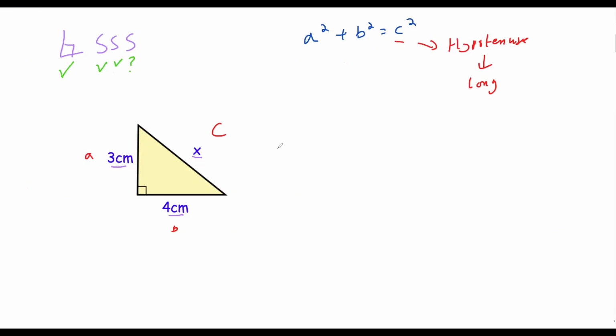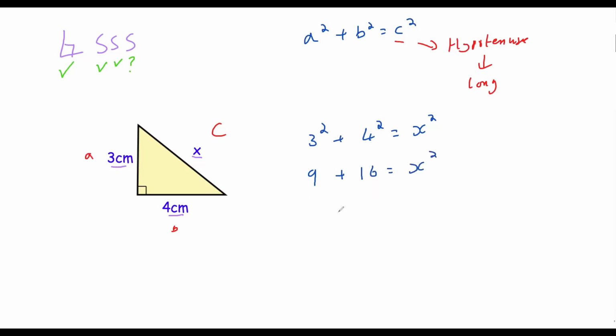So all we need to do in this case is plug in some values. So a squared, we've labeled this as 3, so this is 3 squared. Then we're going to add on b squared, so b is 4, so 4 squared, and that's equal to c squared. I'm going to call this x squared, but if you've labeled this as c squared, that's totally fine. Next, 3 squared is 9, 4 squared is 16, and that's equal to x squared.